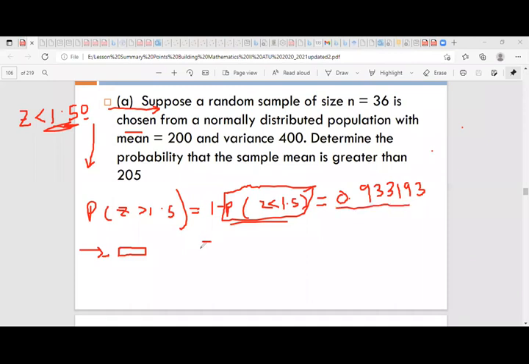So this is 1 minus 0.933193, which should give me the final answer. I'm waiting for your response. 0.06.